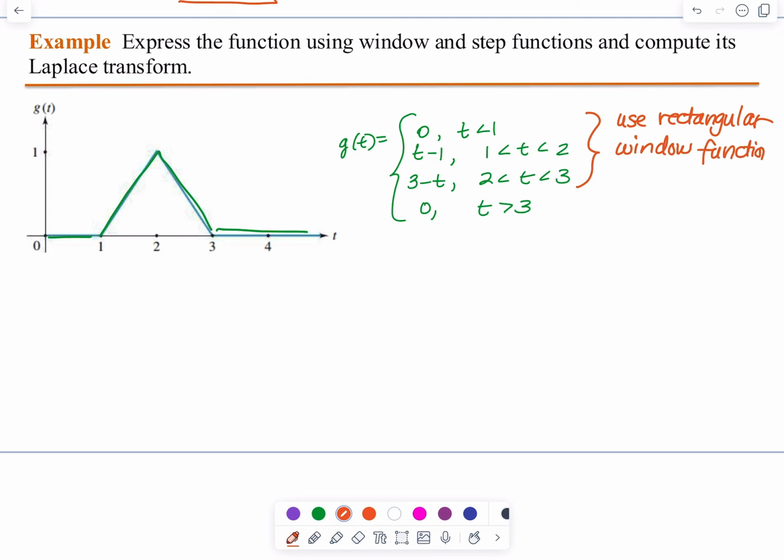And then for this last interval, we will use the unit step function.